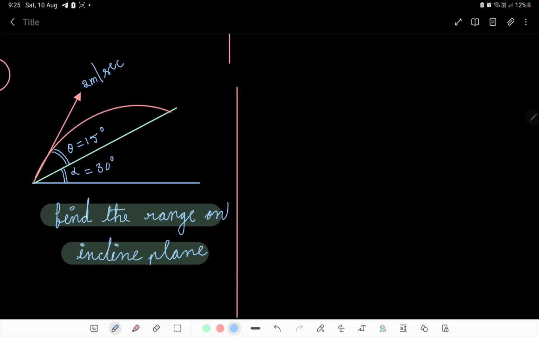The range formula is R equal to 2 u square sine theta cos(theta plus alpha) by g cos square alpha. This is what we derived in classes; when you go through this revision part, just go through your notes once, right?